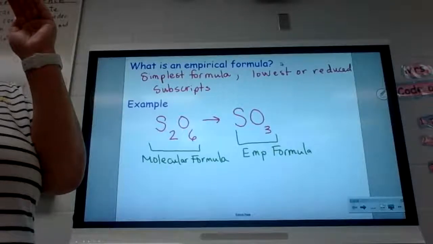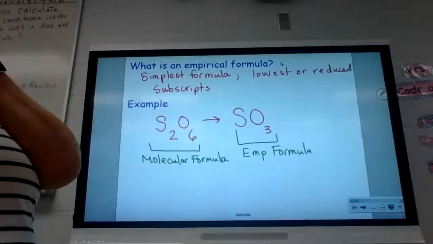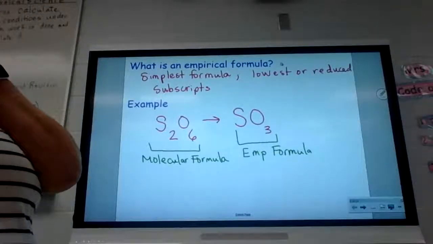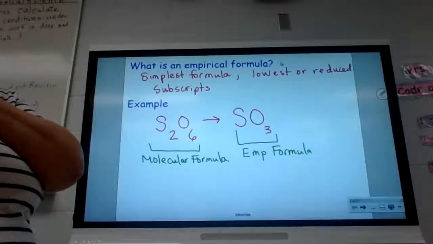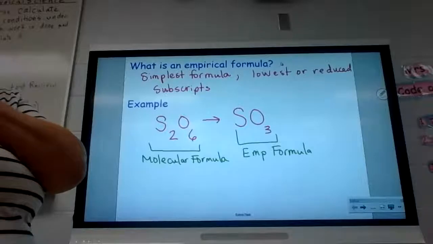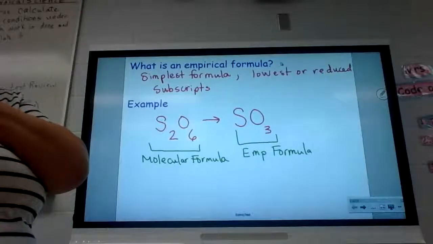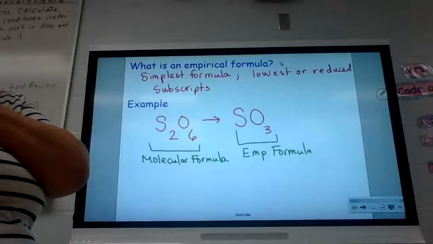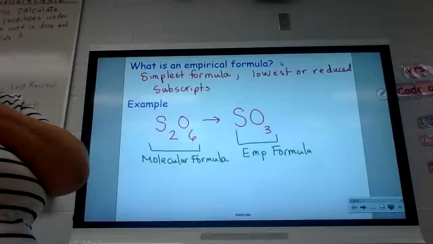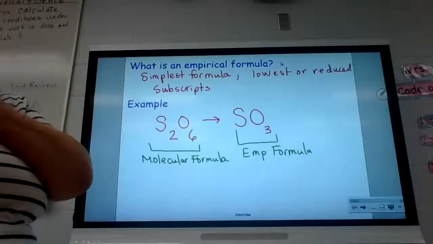Okay? So if you're looking at empirical and molecular and you're like, which one do I use? Think to yourself, my greatest oxidation number can only be a what? 7. So if I don't know if I should use the empirical or the molecular formula, I can't have anything greater than 7. So if I can't have anything greater than 7, I should narrow my choices.